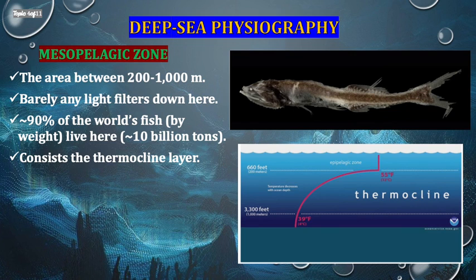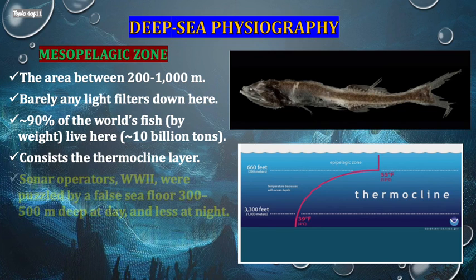The mesopelagic zone contains the thermocline, and as I have said earlier, this is the transition layer of the temperature change. In the bottom right picture, you can see that the thermocline is between the depths of 200 meters to 1,000 meters around this zone.